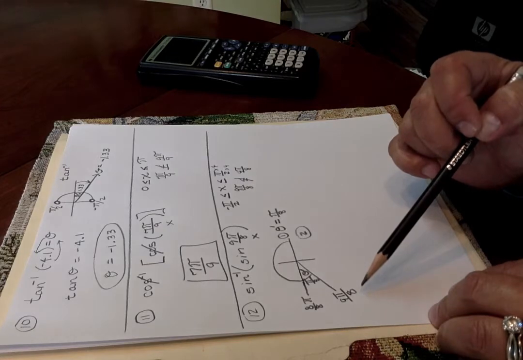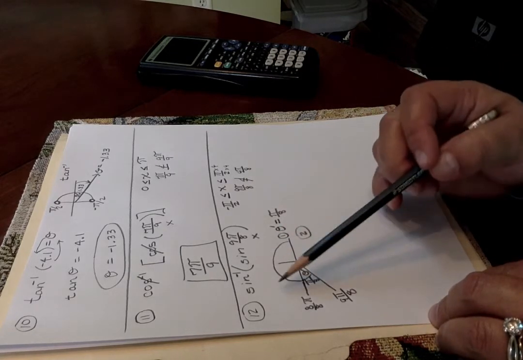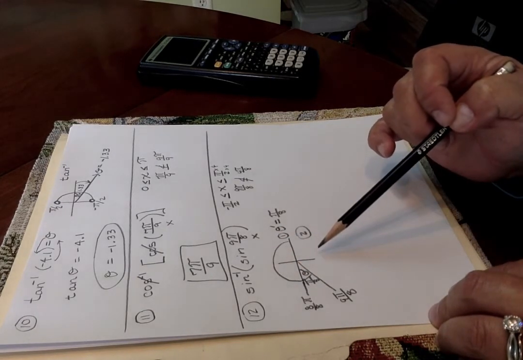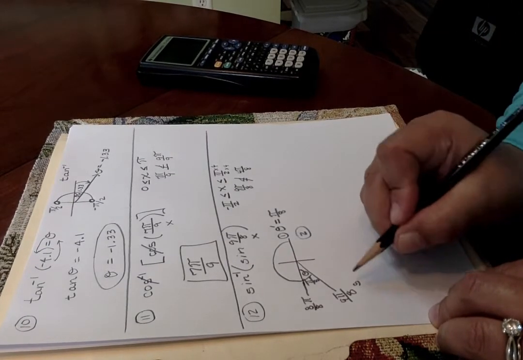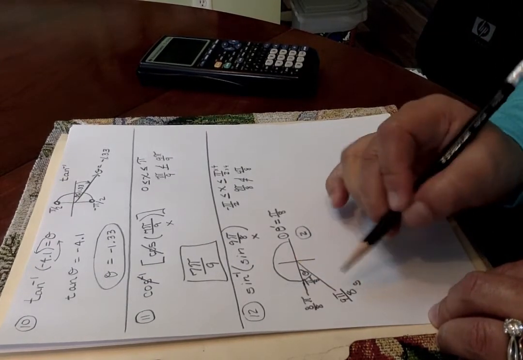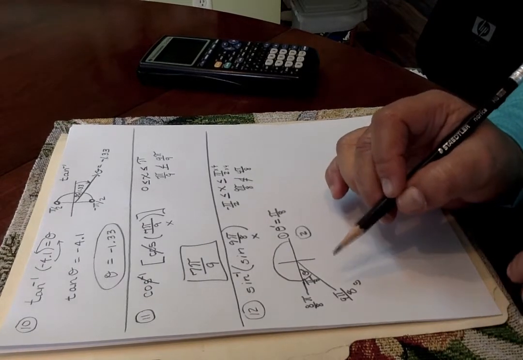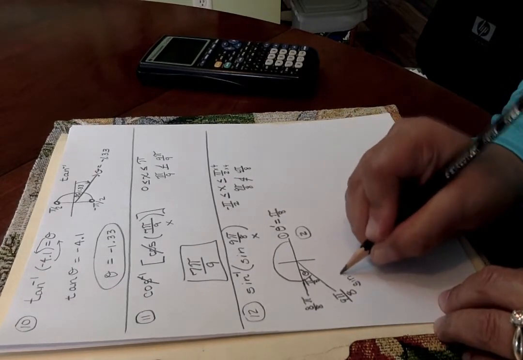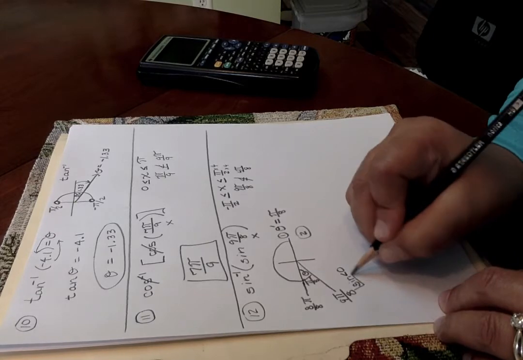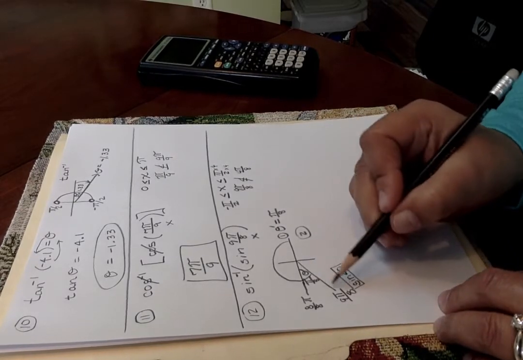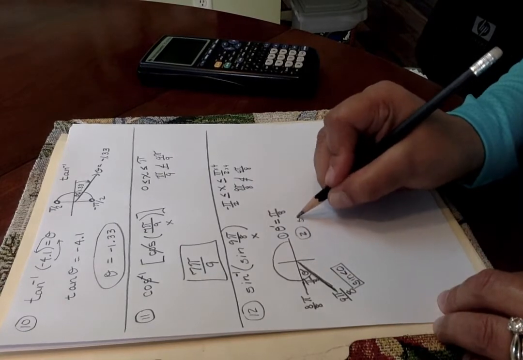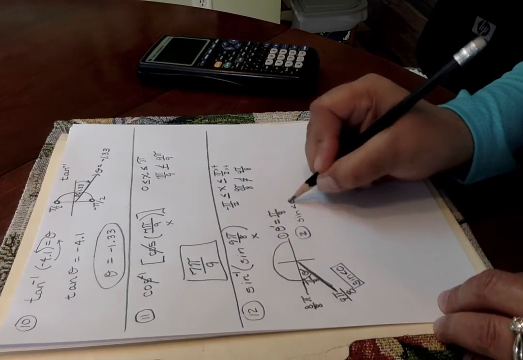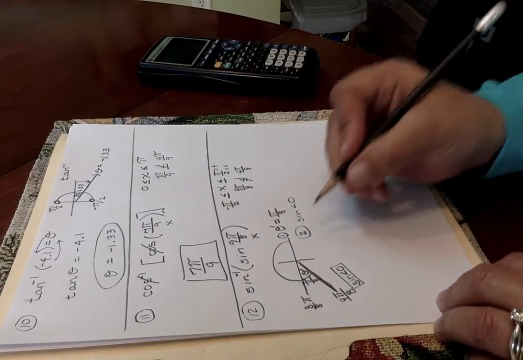If you remember the saying, all students take calculus, which I use quite often, down in this quadrant, it's 'take'. Take is for tangent and cotangent being positive, therefore sine is negative in this quadrant, where this rotating arm is right here. Sine is negative.